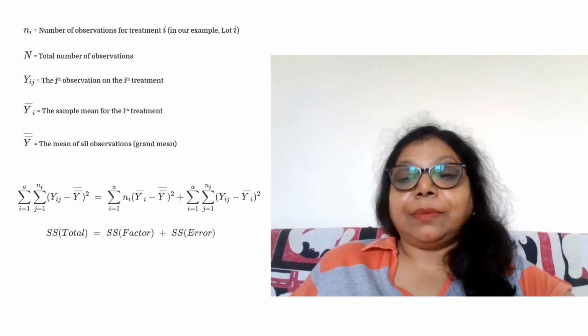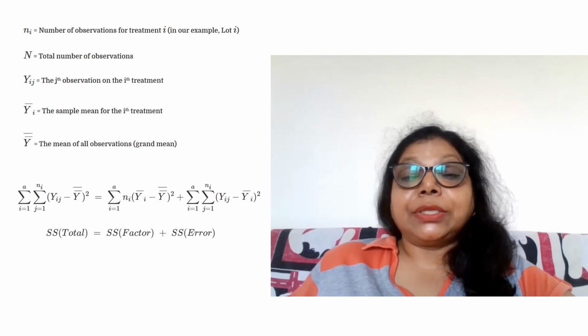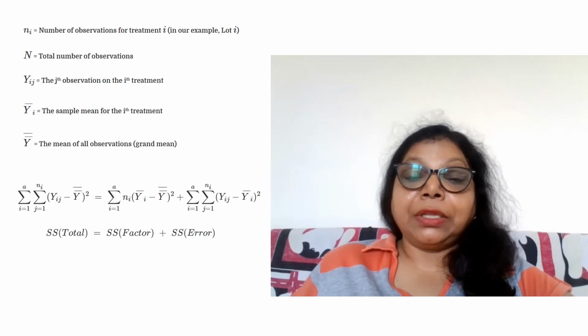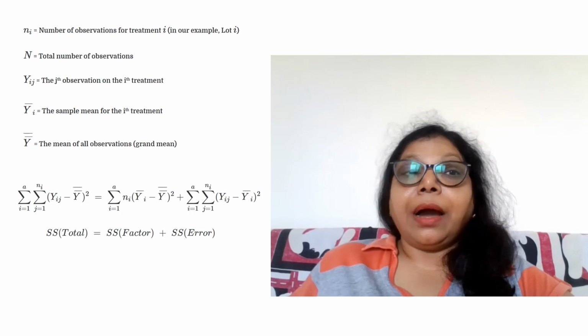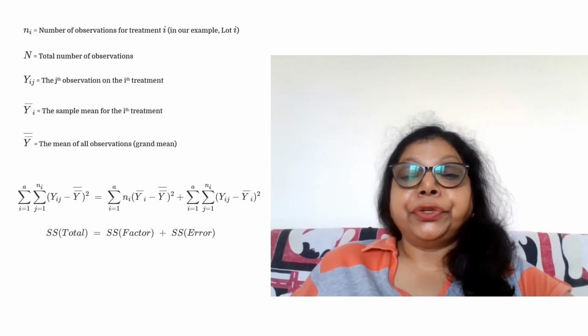So using that terminology, our sum of the squares formula is essentially calculating the sum of the variation due to the differences between the groups, that is the treatment effect, and the variation due to the differences within each group, that is unexplained differences due to chance.